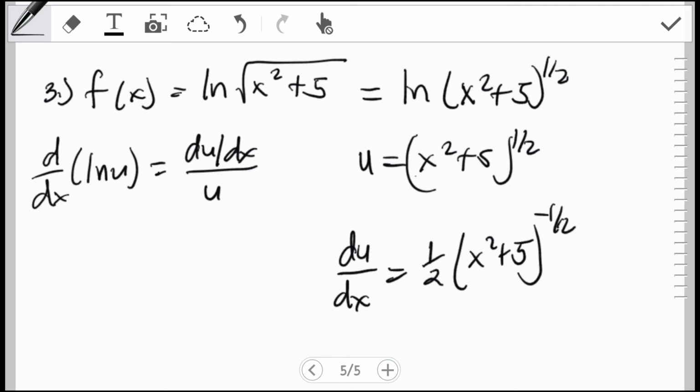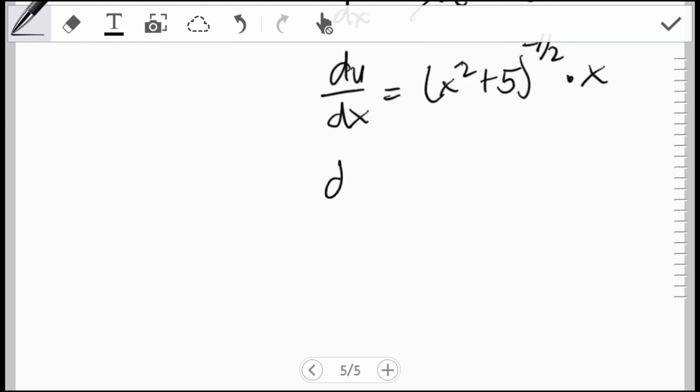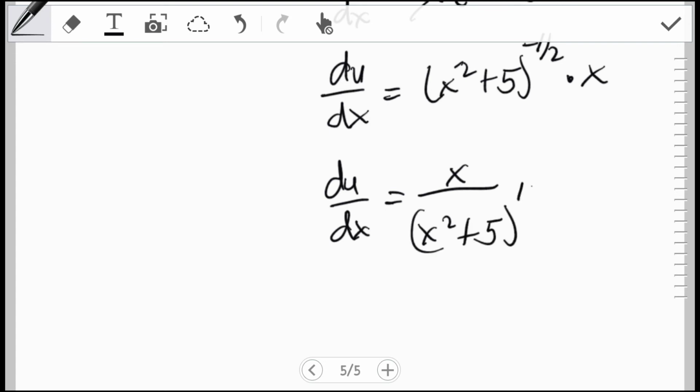The derivative of x squared plus 5 is 2x, so du over dx is the quantity x squared plus 5 to the power negative 1/2 times x. We cancel out the 2, so du over dx is x over x squared plus 5 to the power 1/2.